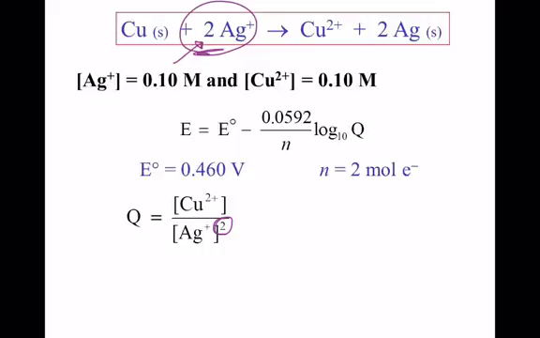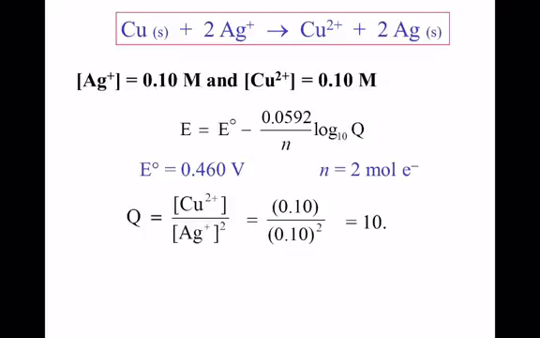It's a subtle thing. Now all we have to do is plug in: that 0.1 molar goes on the bottom, that 0.1 molar goes on the top. If you didn't square the silver ion, you'd get 1 there, wouldn't you? But it's squared, so that's why you get 10.